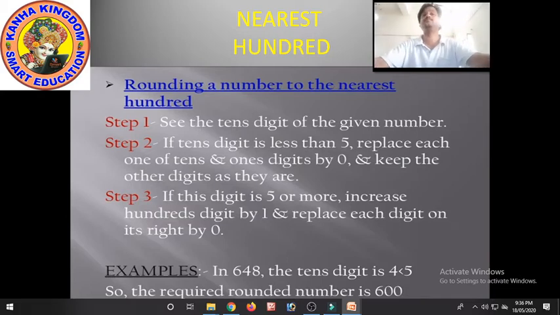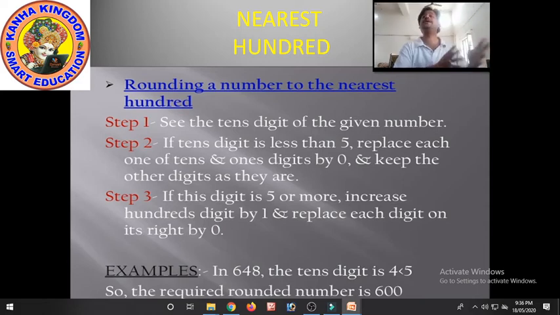Now third step, if the tens digit is 5 or more than 5, increase the hundreds digit by 1 and replace each digit on its right by 0. Means if you see the tens digit is 5 or more than 5, what you have to do?